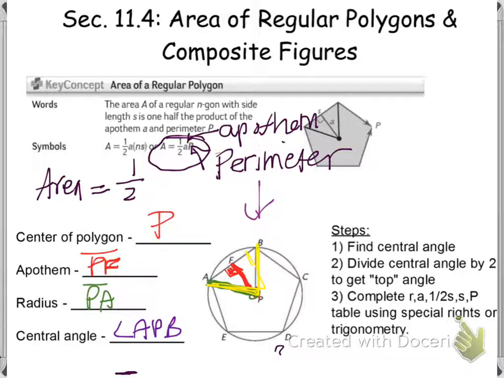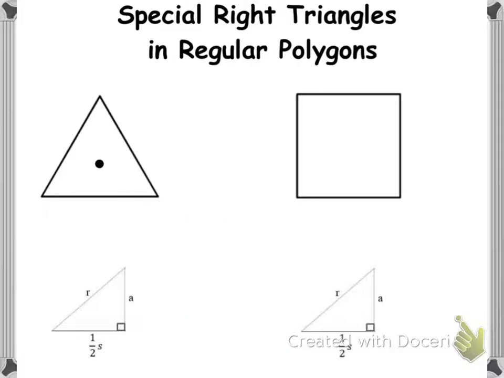Okay, and there's going to be a lot of different steps that go into this, because sometimes you're going to have to find the apothem, you may have to find the radius, you may even have to find the side. So there's kind of a lot that goes into it. What we're first going to start with is you're going to see all these triangles drawn on these first basically 6 shapes that we're looking at.